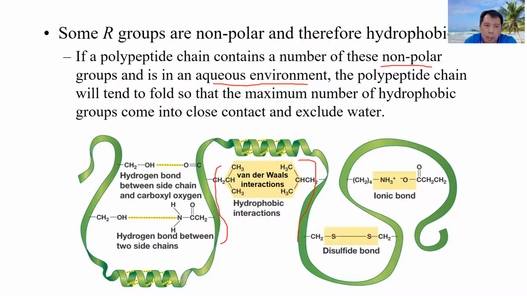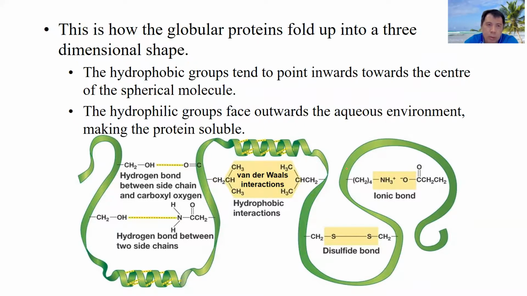The parts of the polypeptide that face outside are the polar groups, the side chains that are polar or charged. This is because of the hydrophobic interactions, and this is how a globular protein folds up into a three-dimensional shape.